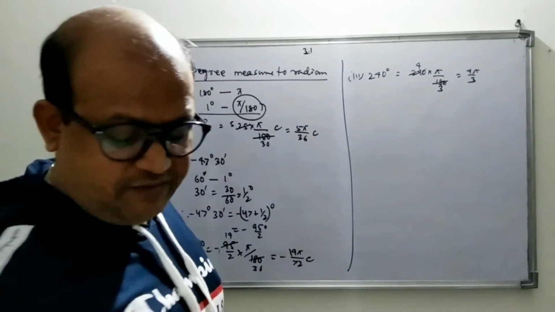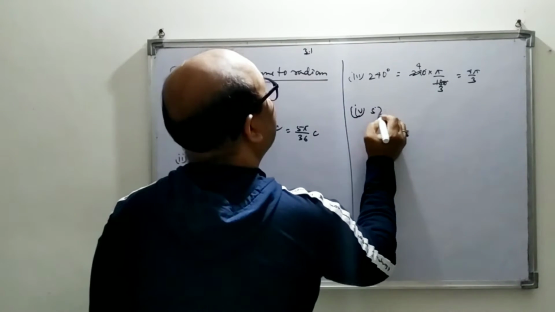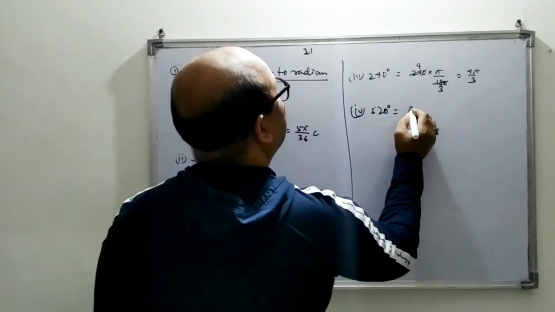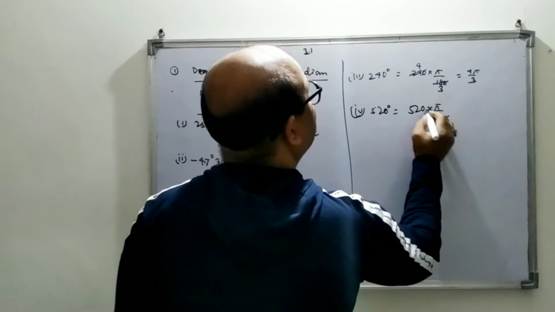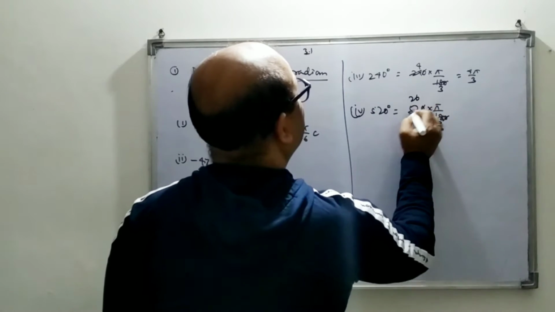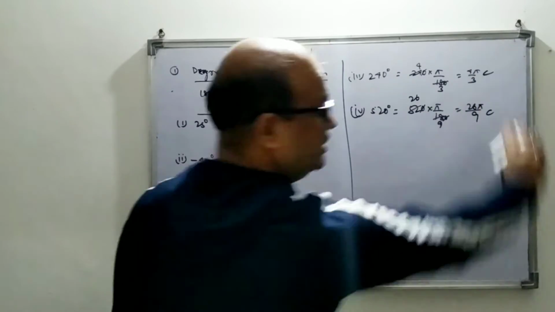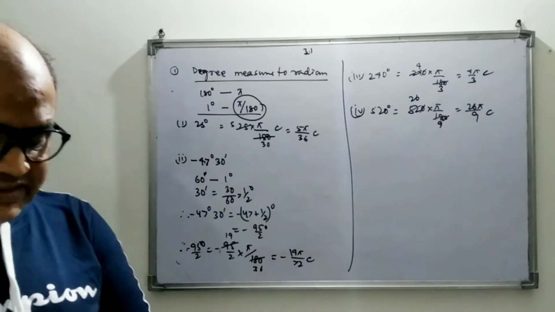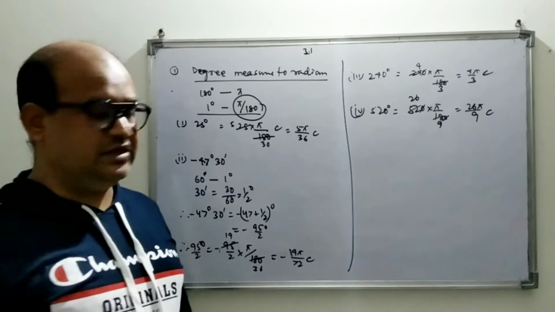Another one is 520 degree. That equal to 520 into pi by 180. That is 26 pi upon 9 radian.